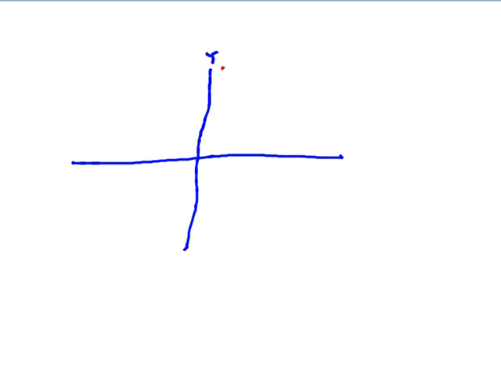Okay, a few basics. This is our y-axis. This is our x-axis. In coordinates, this is known as quadrant 1.